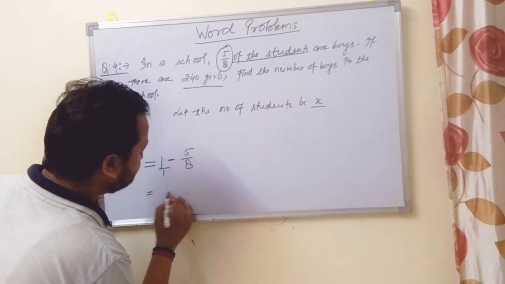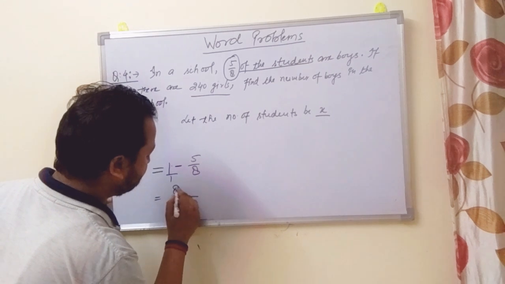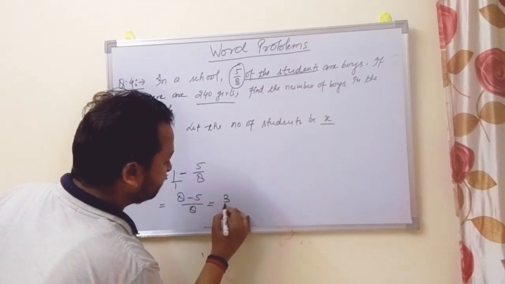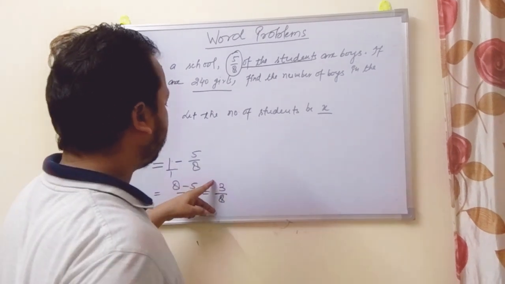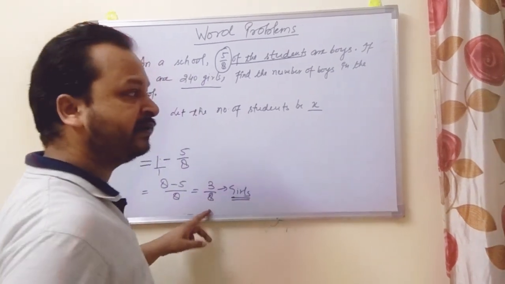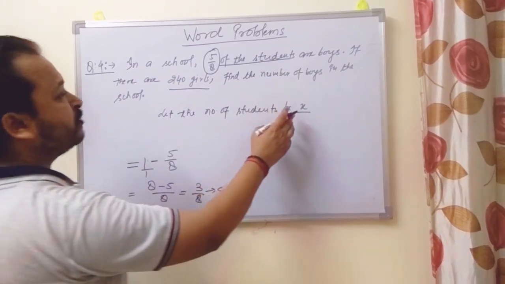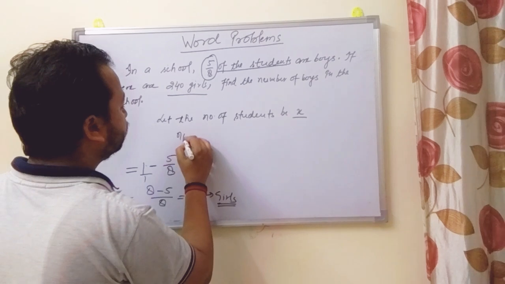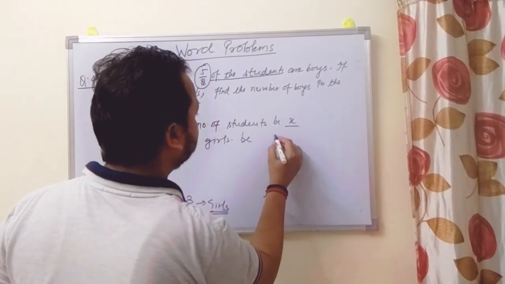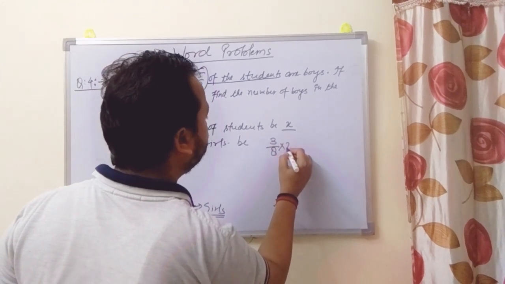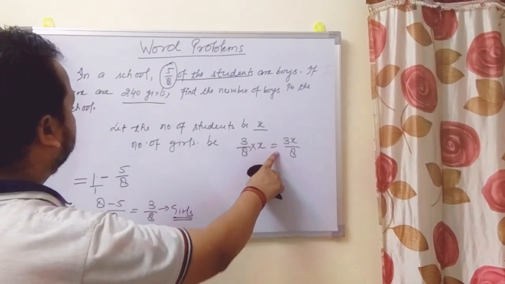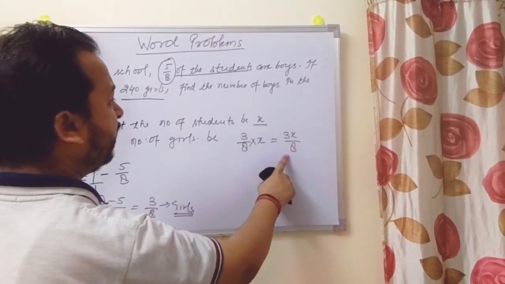LCM of 1 and 8 is 8. 8 times 1 is 8, minus 5, so that is 3 by 8. So 3 by 8 part is girls, right? So if the total number of students is x, the number of girls is 3 by 8 into x, that is 3x by 8.